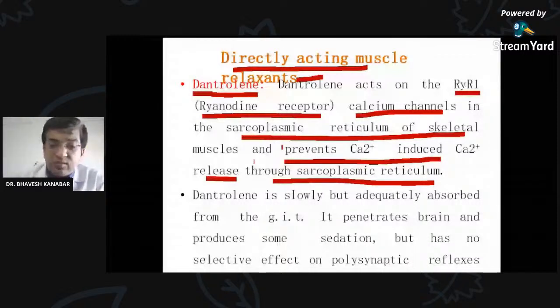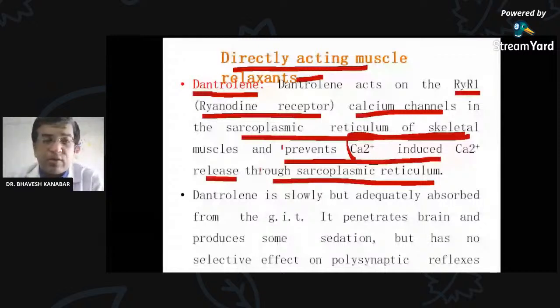This is the tricky phrase, calcium induced calcium release. Calcium itself is the triggering factor for the release of calcium from the sarcoplasmic reticulum. So dantrolene decreases this calcium induced calcium release, leading to relaxation of the skeletal muscle.